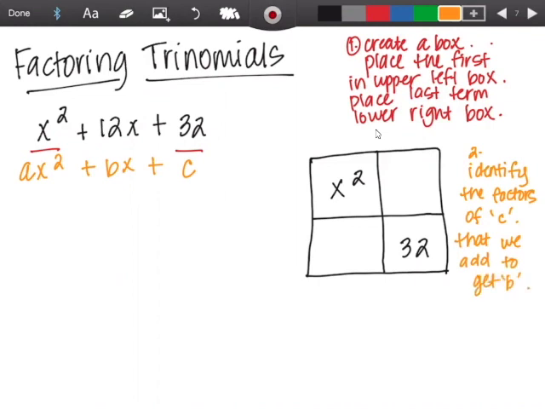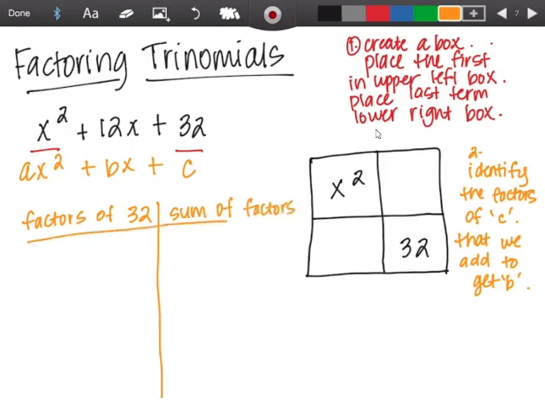So again, in this case, 32 is C and 12 is B. So we're going to look for factors that we can add that are going to give us B, that if we multiply them, give us C. So factors of 32, remember factors are multiplication, and the word sum is equivalent to addition. So we're going to say sum of the factors. So we're going to have a chart here.